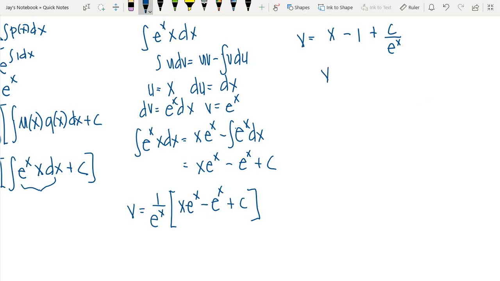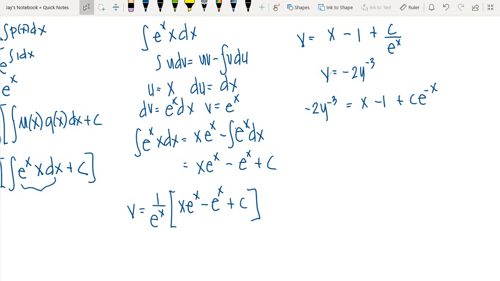We know that our v here is equivalent to negative 2y raised to negative 3, if you remember. So we bring back y, substituting negative 2y to the negative 3 for variable v, then we can say that negative 2y to the negative 3 is equal to x minus 1 plus, let's bring e^x to the numerator, then its exponent will change into a negative sign, that is c e raised to negative x.